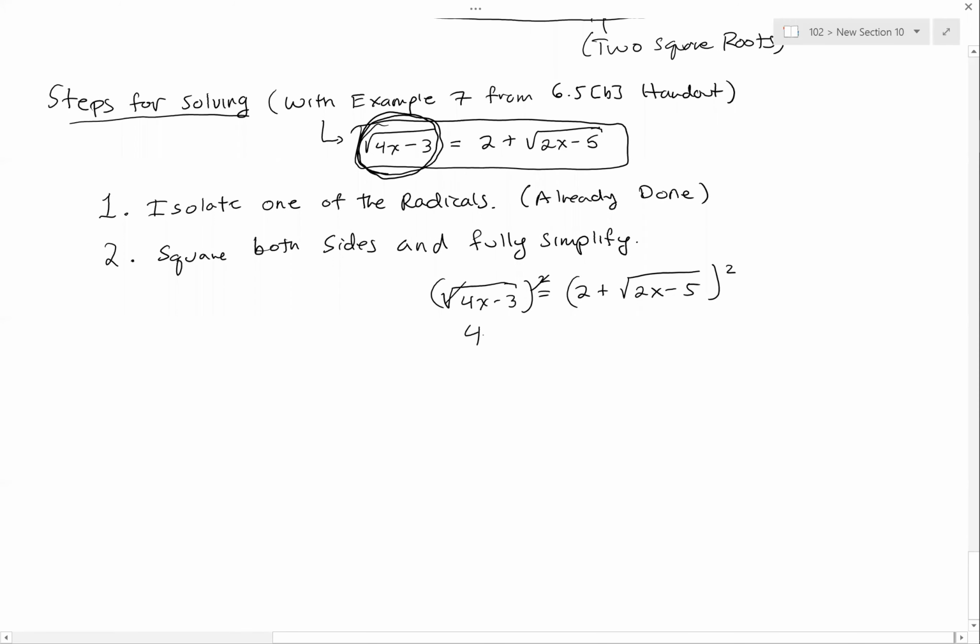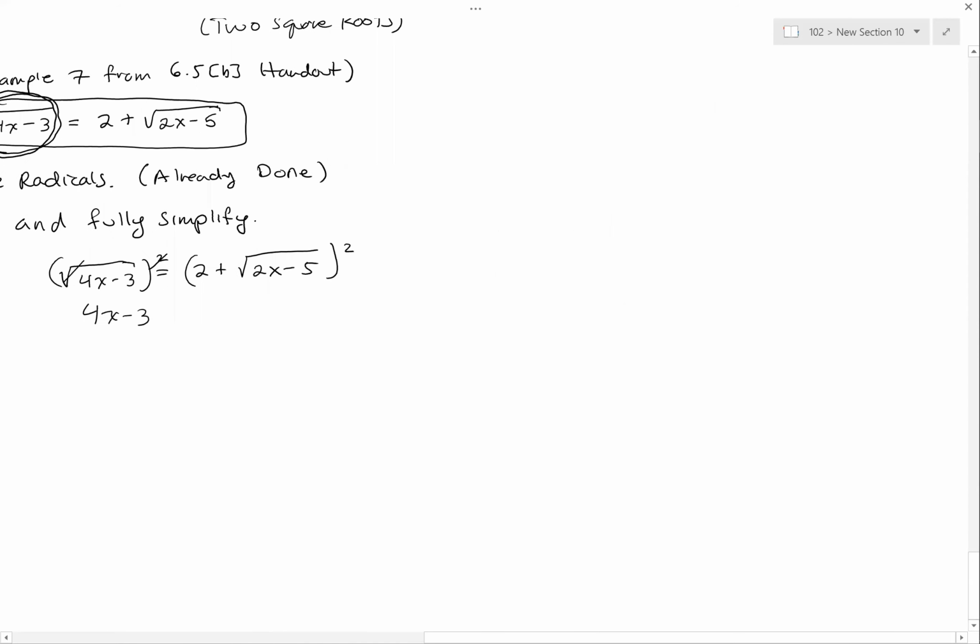So I'll end up with 4x minus 3. The right-hand side, that's another story. So let's carefully multiply that out. Remember, we can't distribute exponents to terms. We have to multiply that binomial out. So I'm going to go over here to do that on the side, just so that my equation solving remains nice and neat.